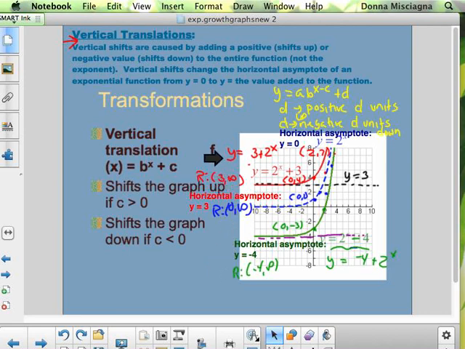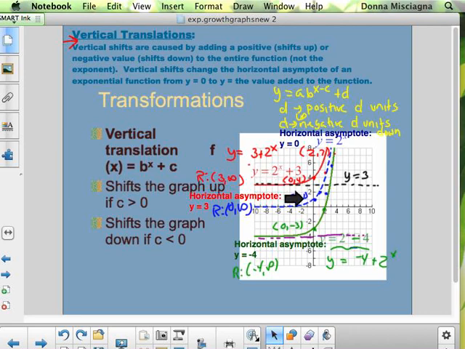The red graph is y equals 2 to the x plus 3. And by the way, that vertical shift could be in front rather than at the end. So that first graph could have also been y equals negative 4 plus 2 to the x. The red graph could be y equals 2 to the x plus 3, or y equals 3 plus 2 to the x.